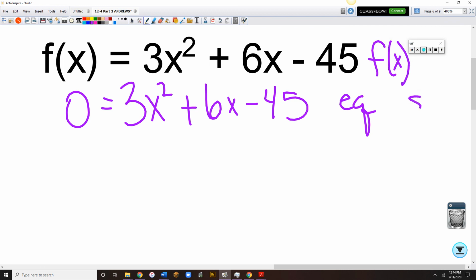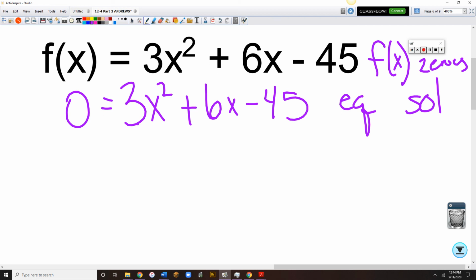And what they have in common is the solutions to the equation are the zeros of the function. They're the same numbers. So what we would be doing then is factoring in the same way we would factor as if it was an equation, and we would use the solutions the same way.